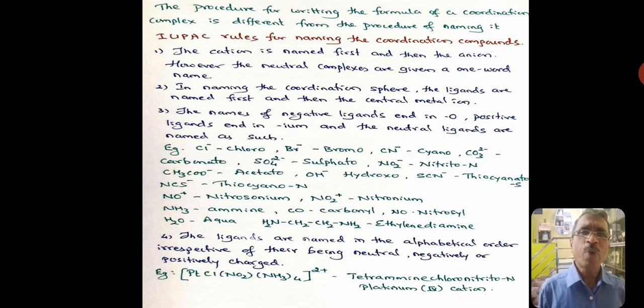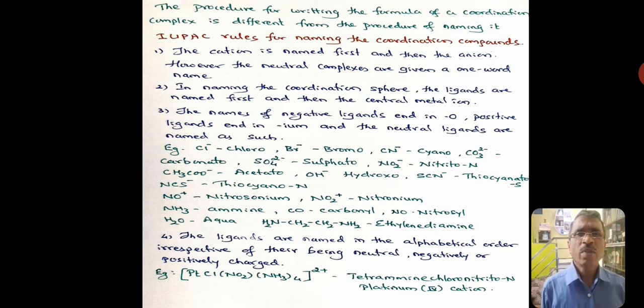Now the second point: in naming the coordination sphere, the ligands are named first and then the central metal ion. Suppose in a complex ion, the ligand should be named first and then the metal ion. For example, cyano iron(II), bromo copper(II), like this.